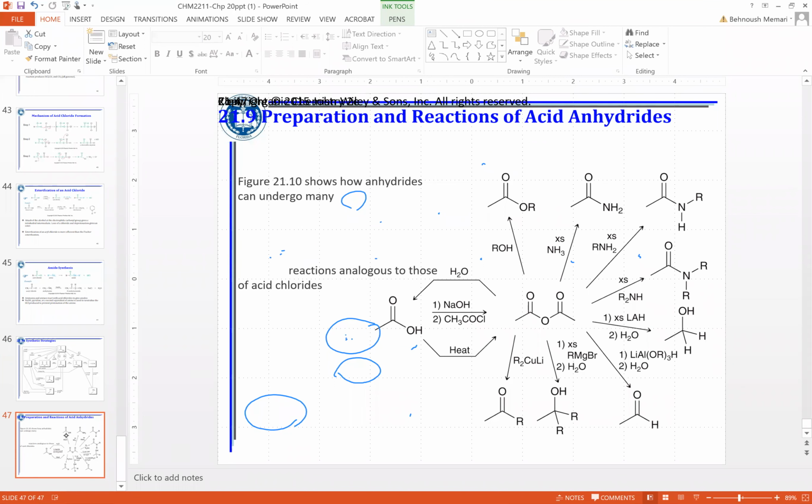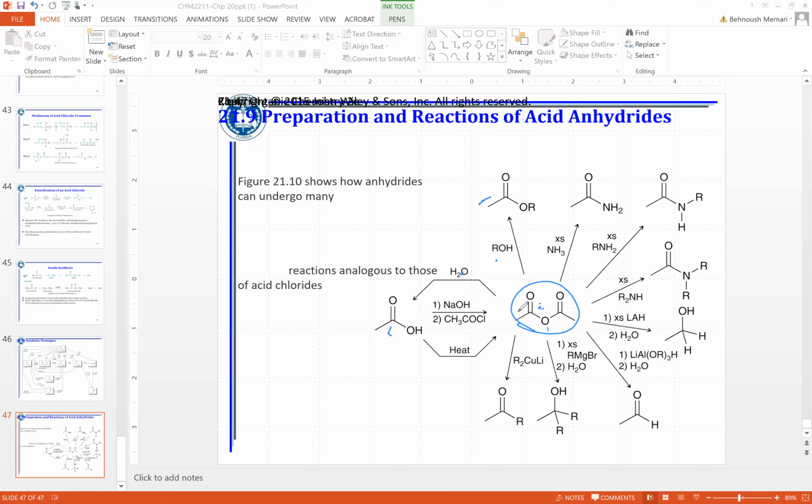This diagram also shows starting with the acid anhydride. Acid anhydride is another acid derivative. Remember I said if you have an acid derivative and you add water, it would change to carboxylic acid. If you have acid anhydride and you add alcohol, it would change to ester.